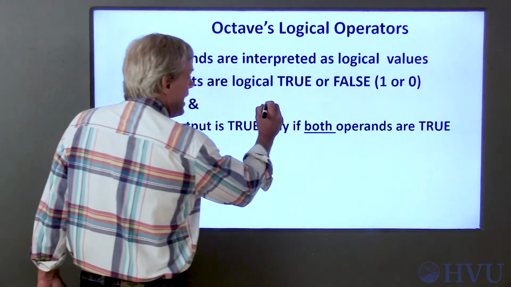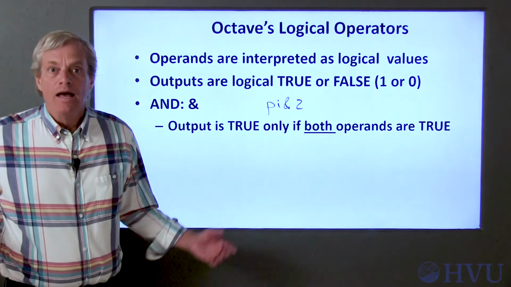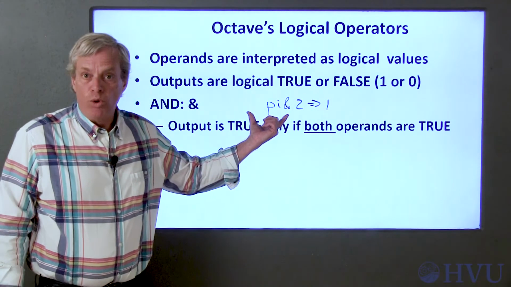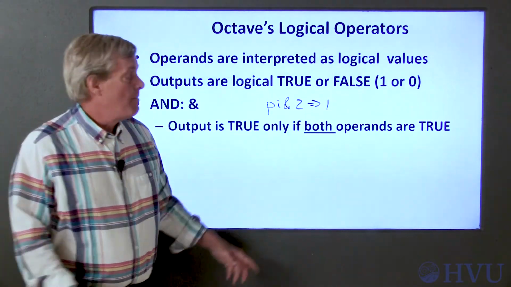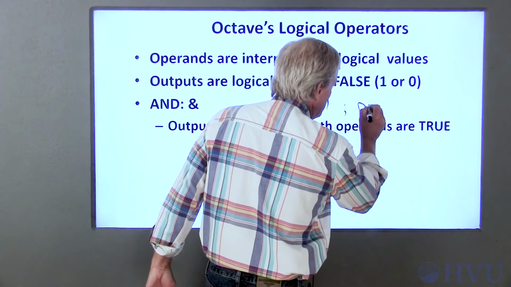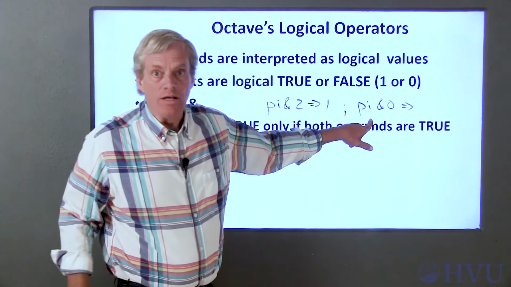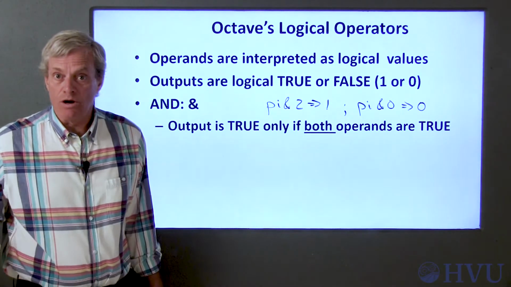For example, pi AND 2 is true, since both of the operands are not 0, and Octave returns a 1. pi AND 0, however, is false, since one of the operands is false and Octave returns a 0.